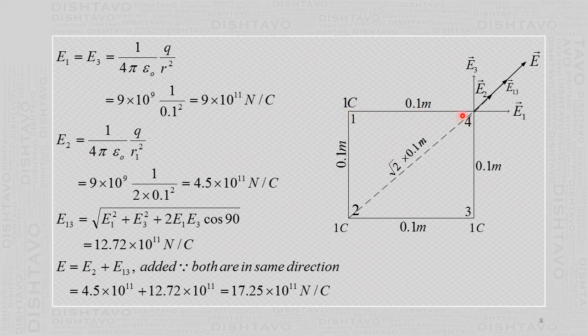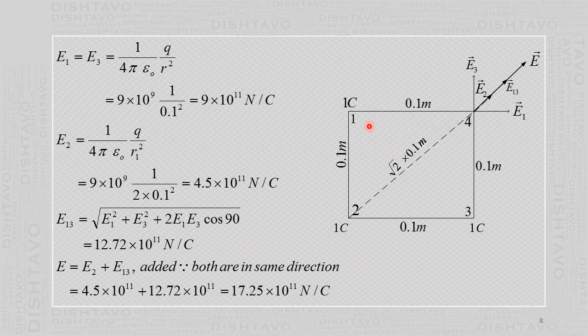So this side is 0.1 meter, and this and this are also 0.1 meter. Now three equal charges, 1 coulomb each. Let us say that all are positive. If you consider all three charges negative, the solution will not differ much.